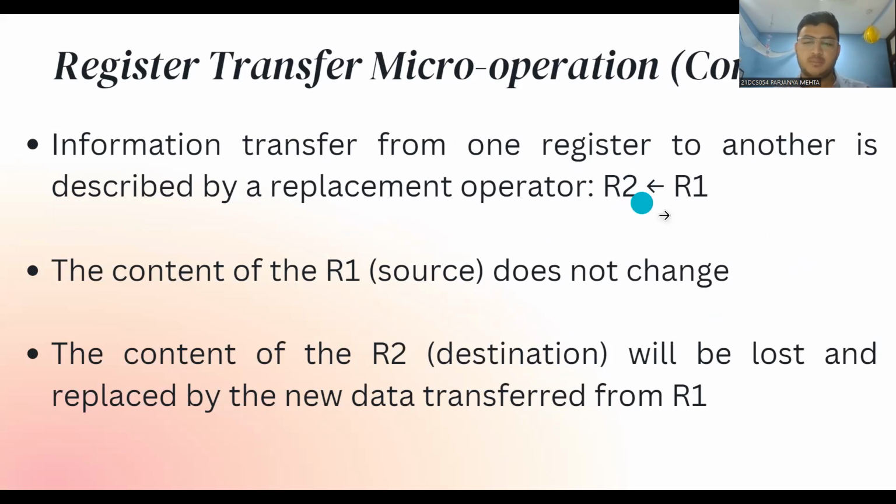In this operation, the content of R1, the source register, will not change, and the content present in R2, the destination register, will be lost and replaced by the new data. Or if the register R2 is empty, the data will take its place.